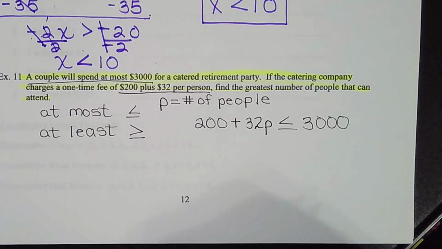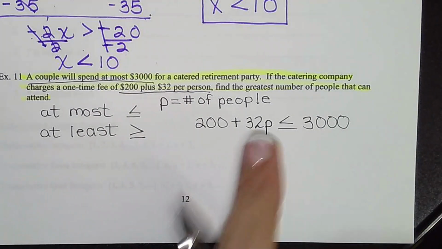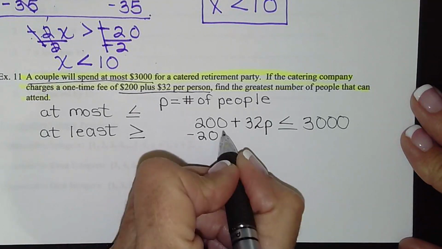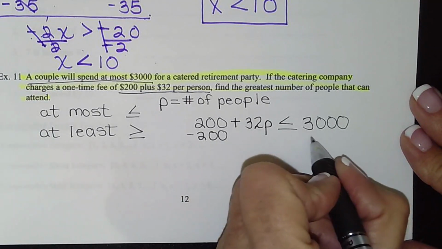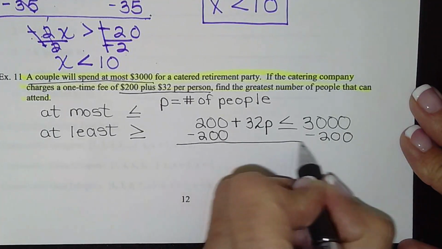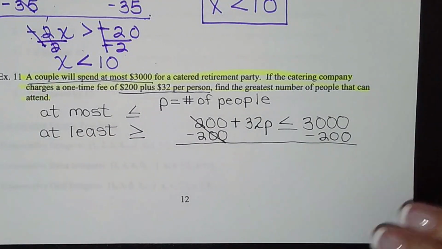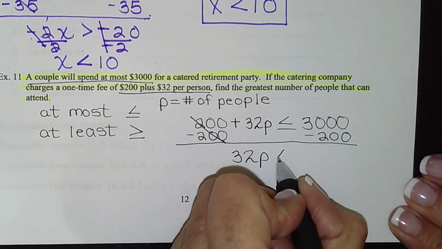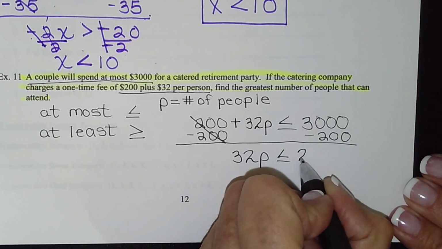Find the greatest number of people that can attend. So we're just solving our inequality just like before, and everything without a variable in it moves to the other side. So the opposite of plus 200 is minus 200. So we get 32p is less than or equal to 2,800.